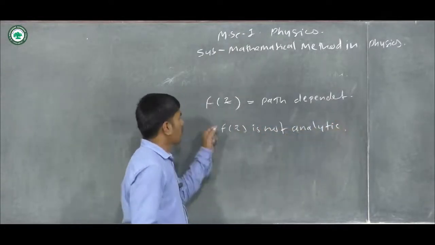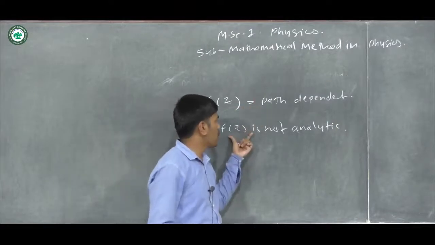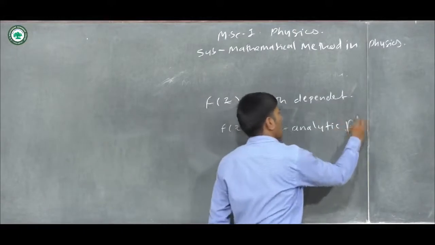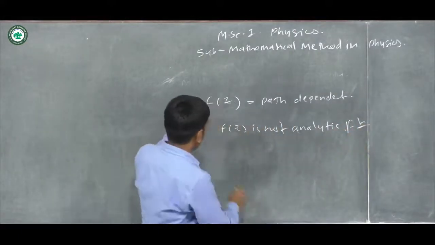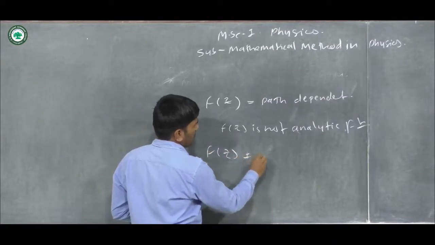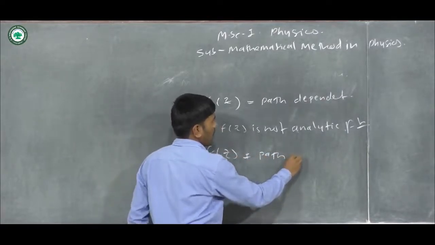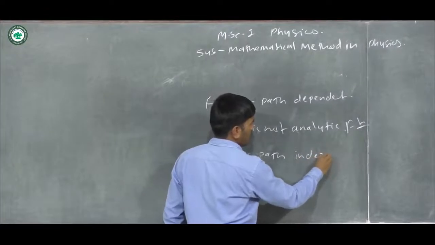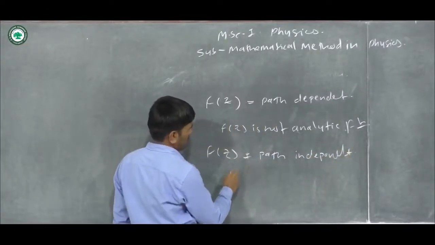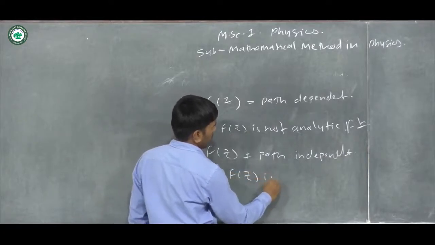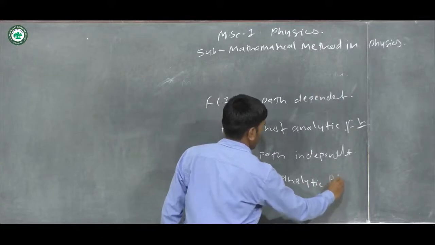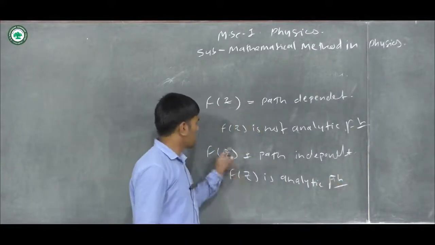Or when this f of z is path independent, then this f of z is an analytical function. So this is the difference.